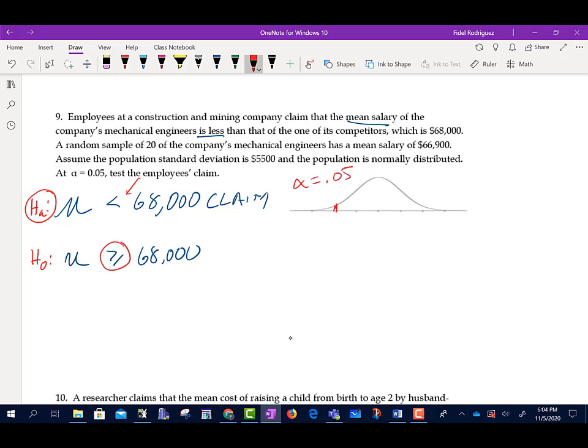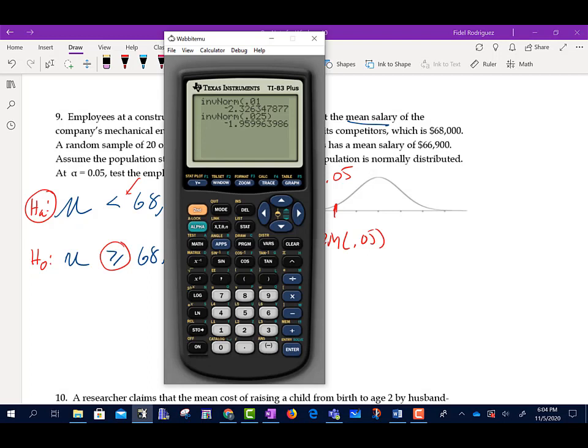What I want to do, I want to figure out what is that z value right there, okay? So the way I'm going to do that part is I'm going to go inverse norm of 0.05. So let me get my calculator here. We're going to go second vars, inverse norm of 0.05.